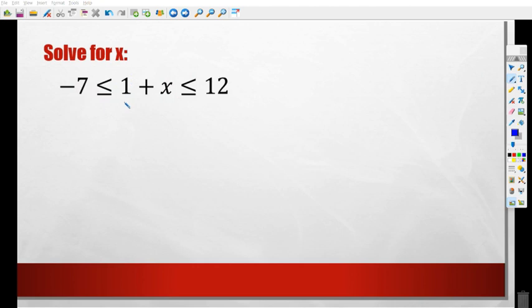What's the opposite of a plus? A minus. So if I minus 1 in the middle, what is 1 minus 1? 0. My 1s are going to cancel out. But I can't just minus 1 here in the middle. I need to minus 1 here, and I need to minus 1 here. Can you see where my logic in my previous videos is coming in now?